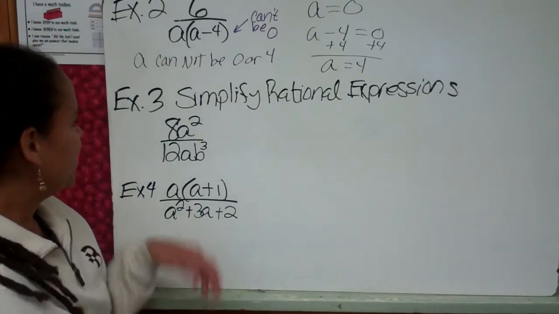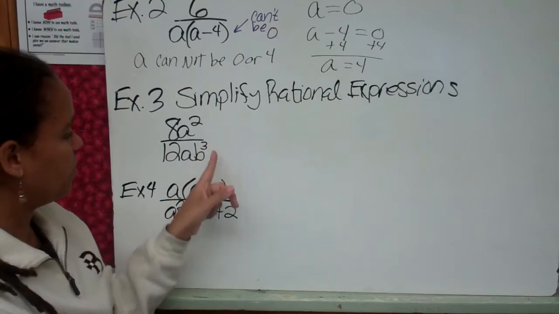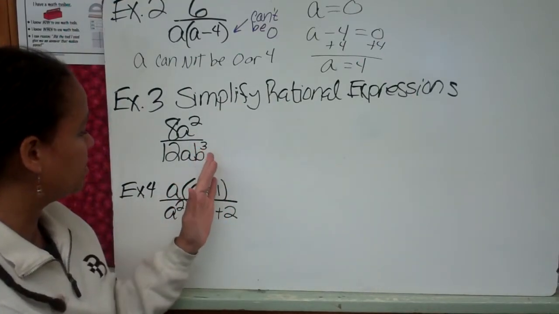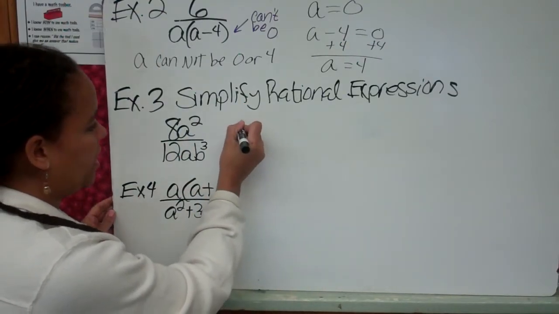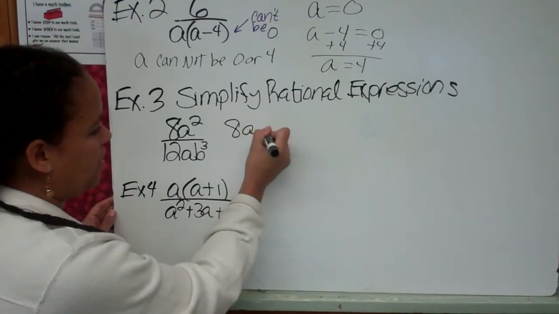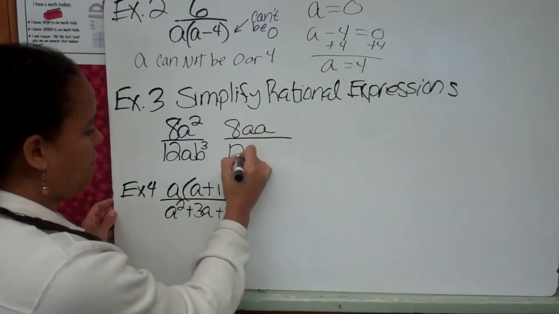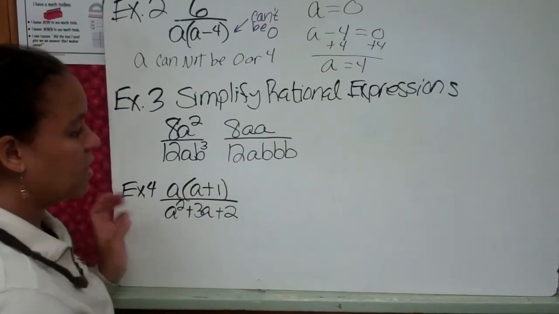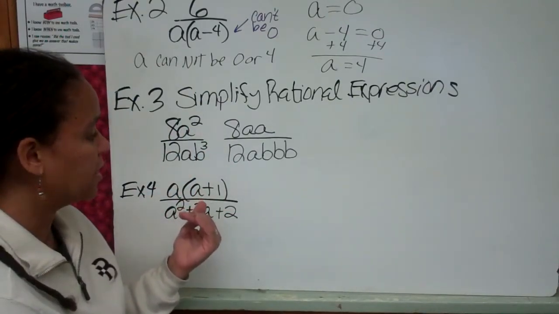All right. Example 3, simplify rational expressions. Here, now we're dealing with monomial over monomial. There's no plus or minus sign, so now we're just simplifying. And let's remember, 8a squared is really 8 times a times a. And we're dividing that by 12a times b times b times b. In the beginning, I do think it's important to write this out so you understand the idea of what we're canceling out.